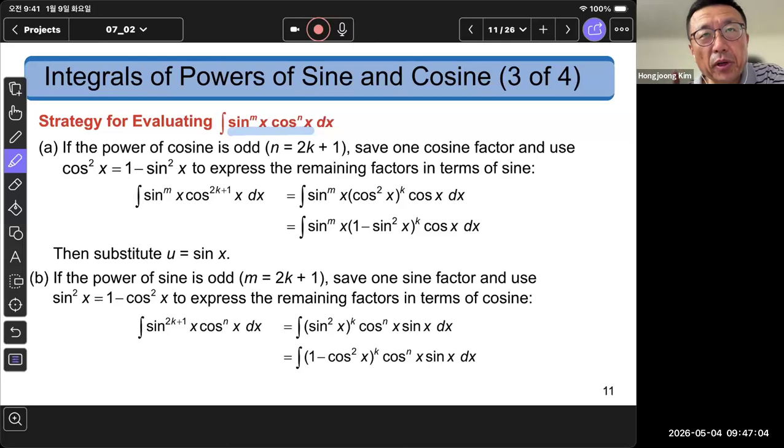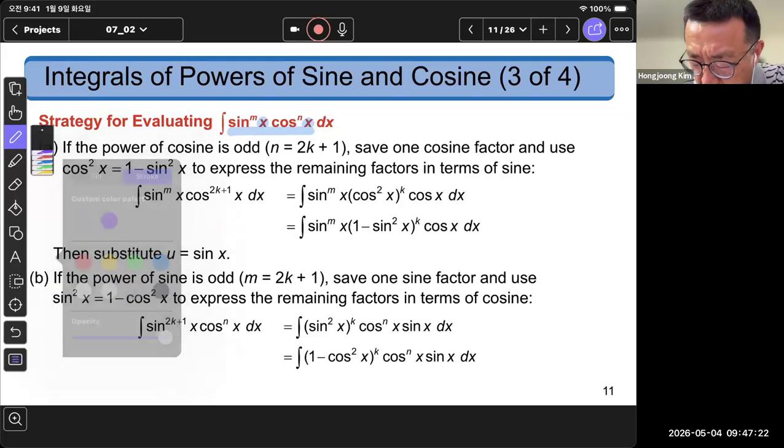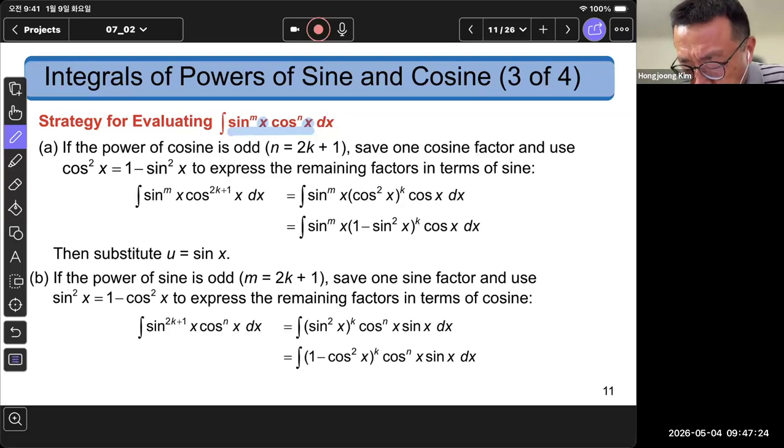Now, at this point, sine x and cosine x have the same x here, okay? I mean, the integrand is not, say, sine 2x multiplied by cosine 3x type.